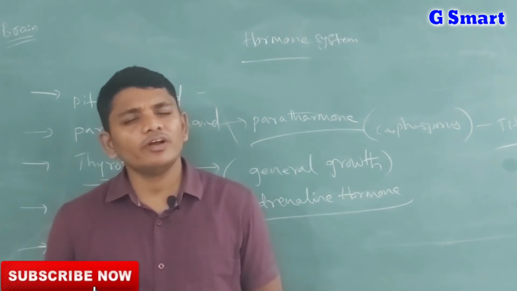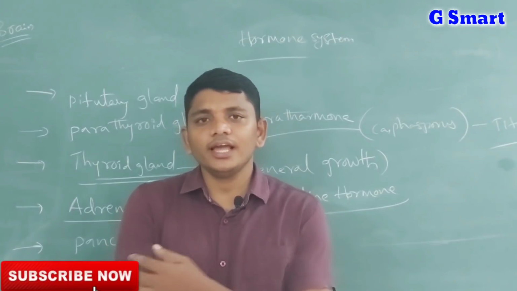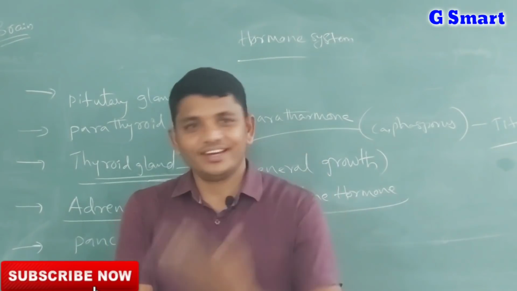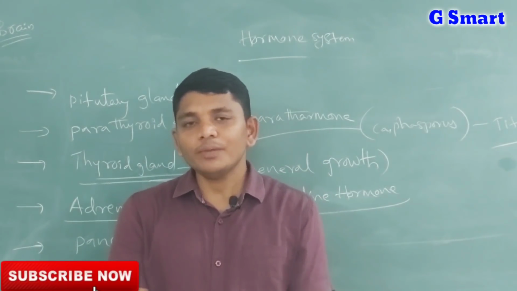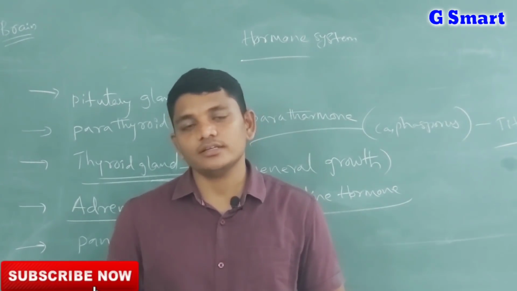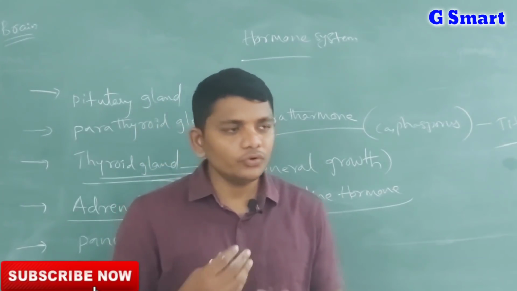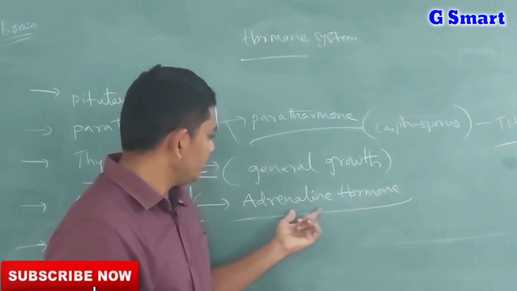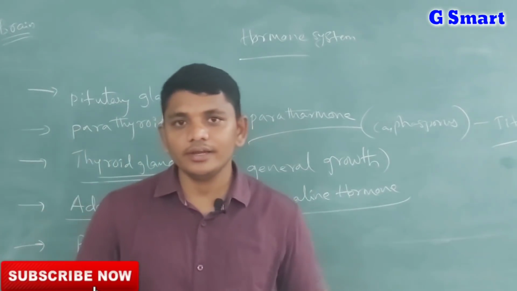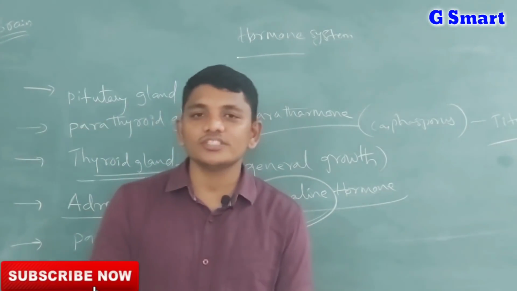For example, if anybody beats me, then immediately I feel pain and I will cry. If anybody makes a mistake in front of me, I will become angry within minutes, within seconds. So these emotions occur due to the adrenaline hormone. Adrenaline is a hormone for the emotions.